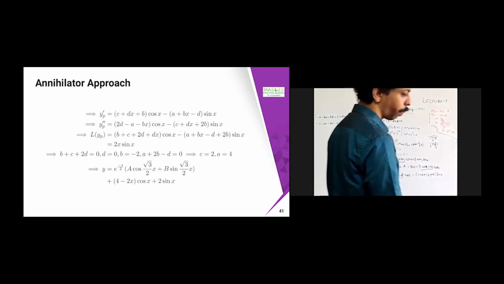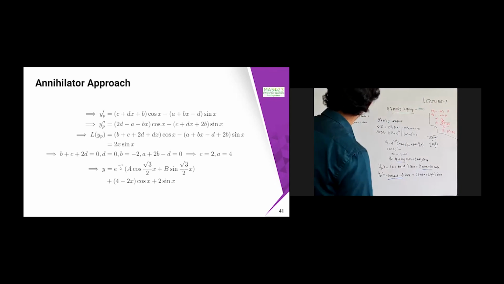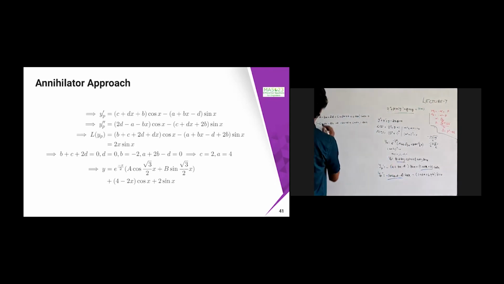If I cancel this out, a gets cancelled and bx gets cancelled. So here you are going to have (c plus dx plus b plus 2d) into cos x.